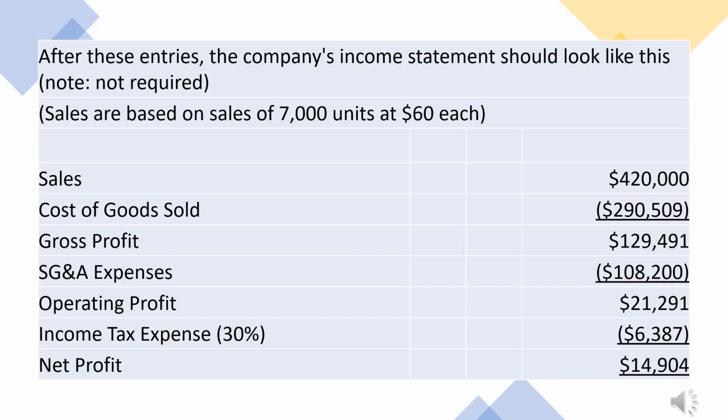And so I also have cost of goods sold of $290,509 that is deducted from the sales to derive gross profit. My SG&A expenses are $108,200, which leaves me an operating profit of $21,291. My income tax expense is 30% of that, so that's $6,387. So my net profit is $14,904.